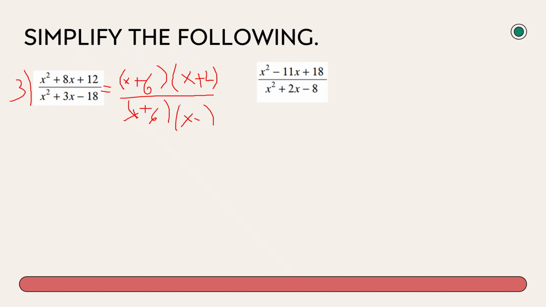Okay, then cancel this out. We have x plus 6 over x minus 3. So this is the final answer.